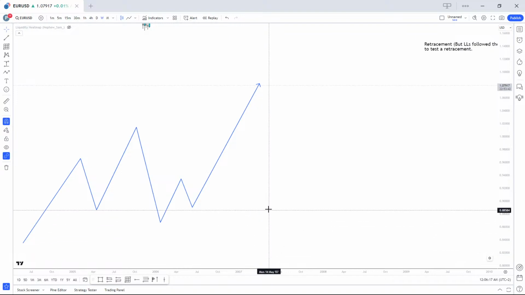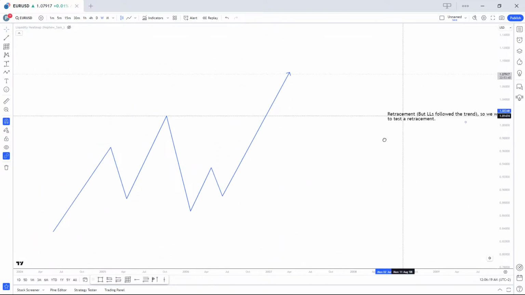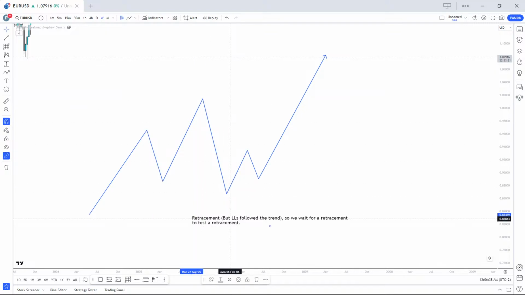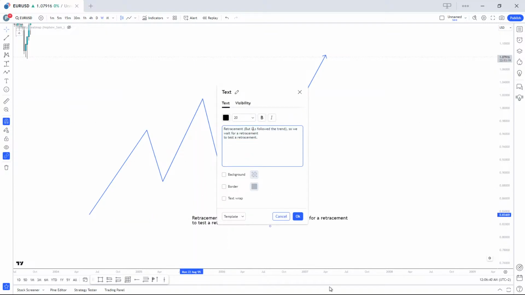So basically, okay, we have an upgoing trend, and higher high. Okay, so we're going to change this. Higher high, it's actually one.